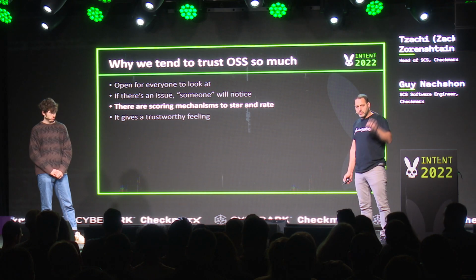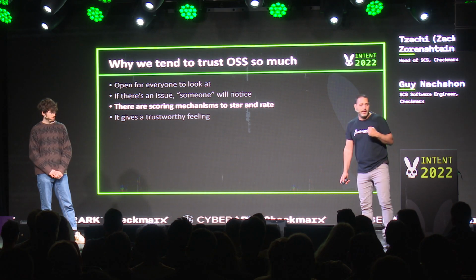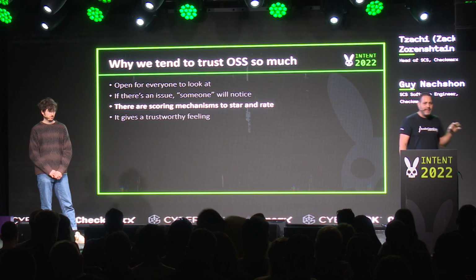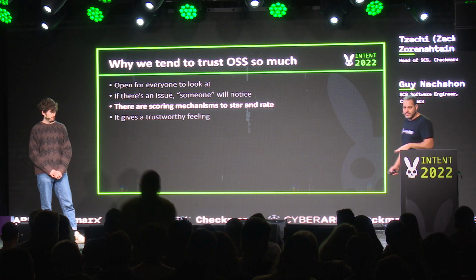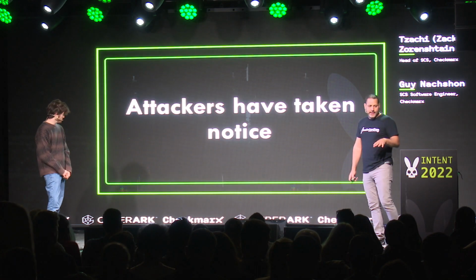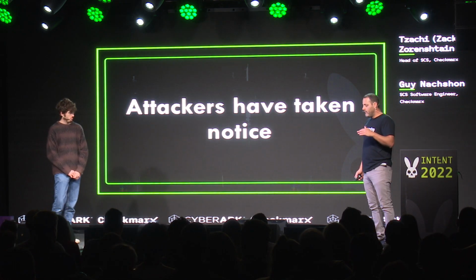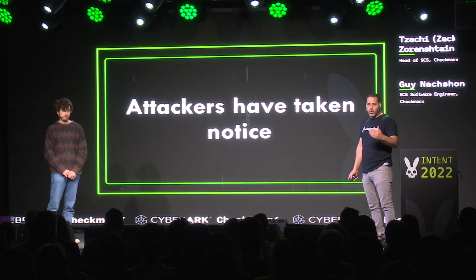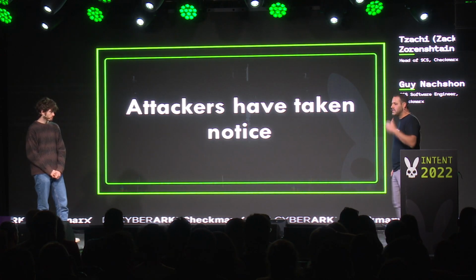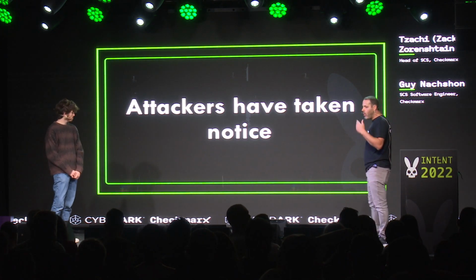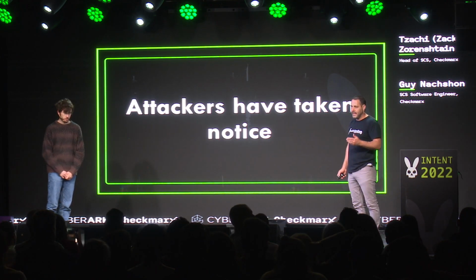So those assumptions that we tell ourselves as developers have not gone unnoticed by attackers. Actually, attackers have taken notice. And if some of you are following us on Medium or other social, we've seen a huge spike in the number of open source package compromises in the last year.